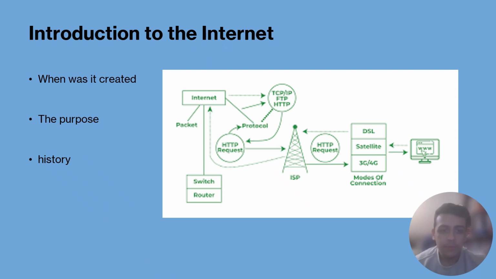The purpose of the internet's creation was to enable the sharing of information and communication between computers across different locations. Today, it allows people to access different types of knowledge and communication, and it uses a vast range of online services worldwide.